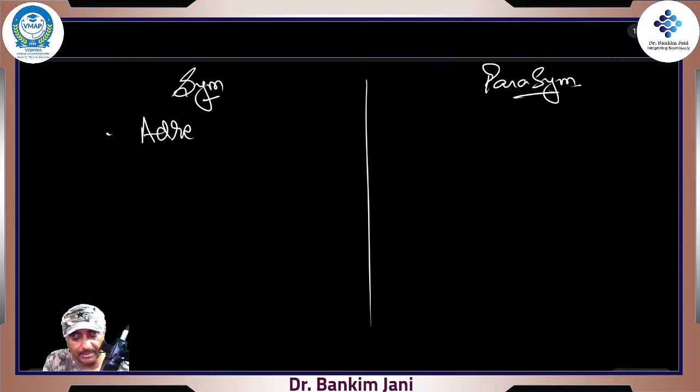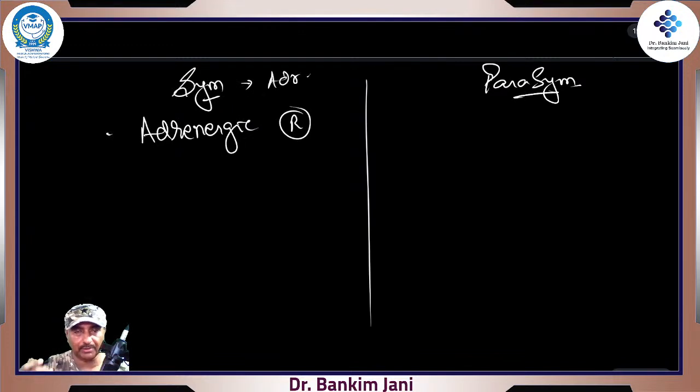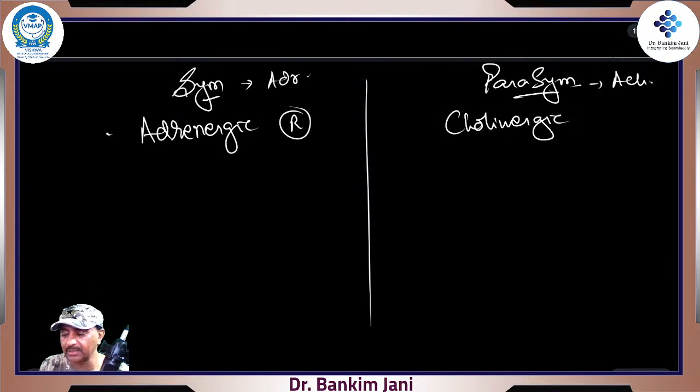Adrenergic, obviously, because for the sympathetic nervous system there is adrenaline, that is epinephrine, norepinephrine, etc. In the parasympathetic we were having acetylcholine, so we'll call them cholinergic. In cholinergic again there is muscarinic and nicotinic. That's what we are coming to, but right now we just understand cholinergic. Cholinergic means those receptors which are sensitive to acetylcholine, period.